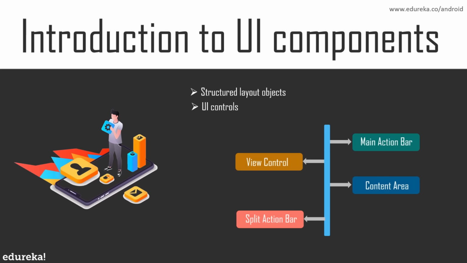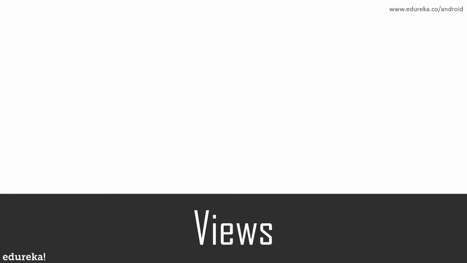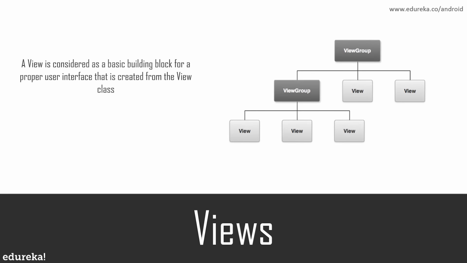You'll get a clear understanding of how these UI components work when we get to the demo section of this video. And another important factor that helps in customizing the UI design would be the view component. So what exactly is a view? Let's take a look. View is basically considered a basic building block for a proper user interface that is actually created from the view class.